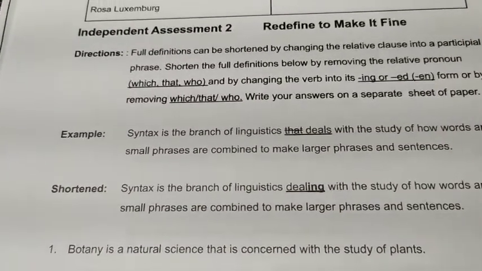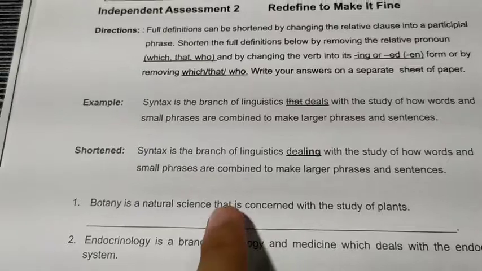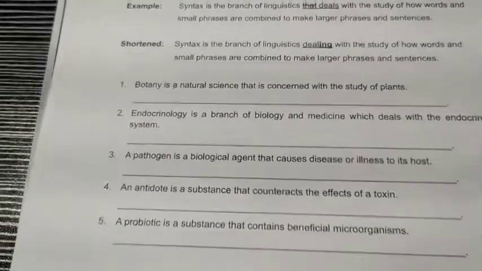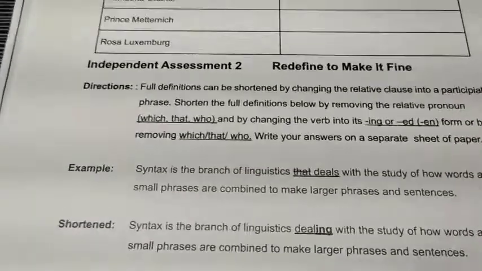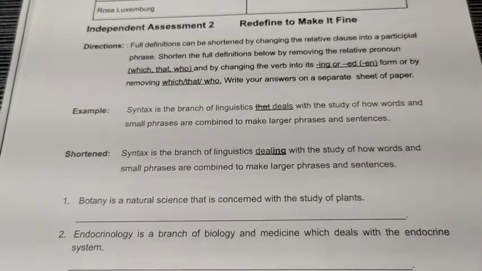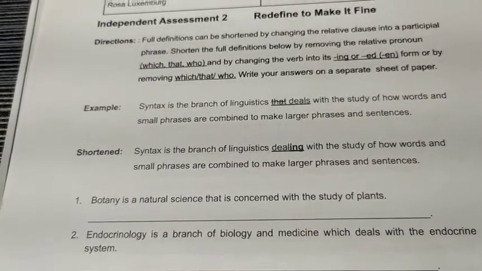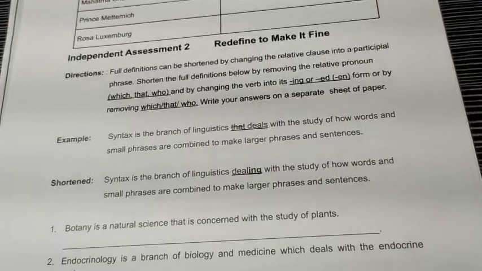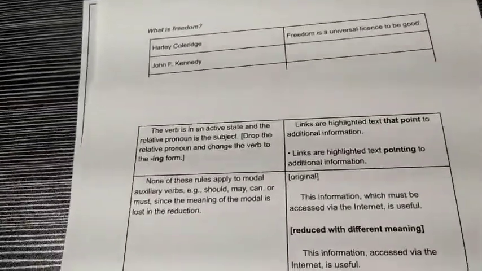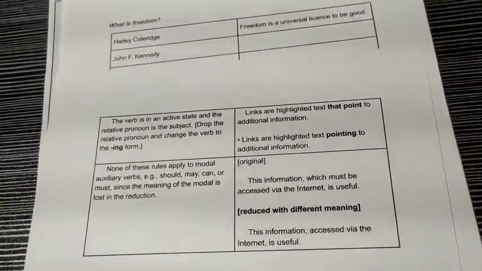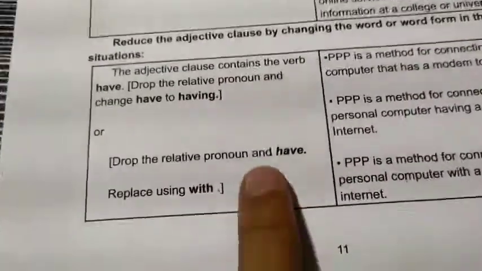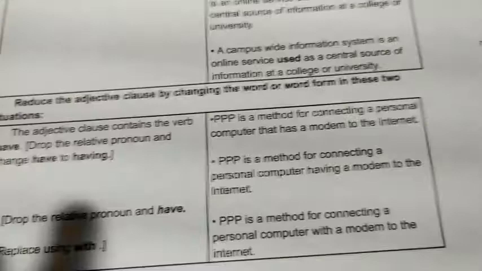So you will remove the word that, based on the last part that we have discussed. You can add the -ing, and what else? You can also just remove that and use by, having, or with, like that.